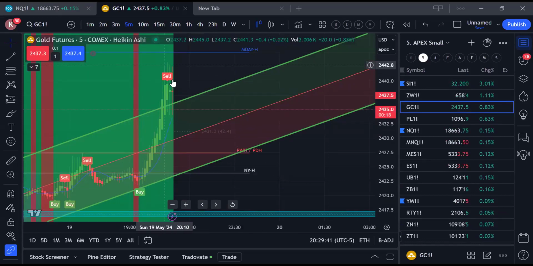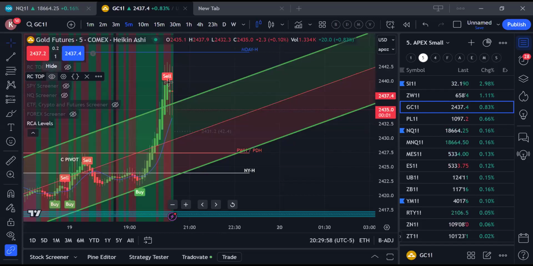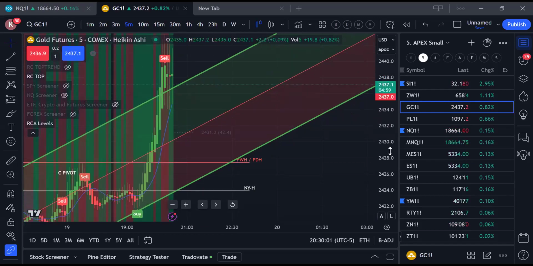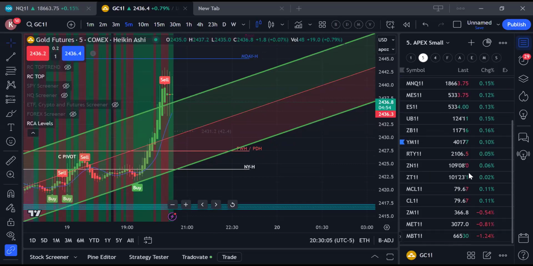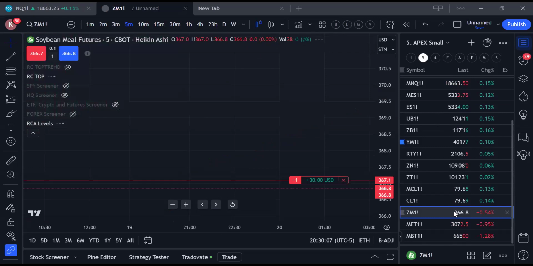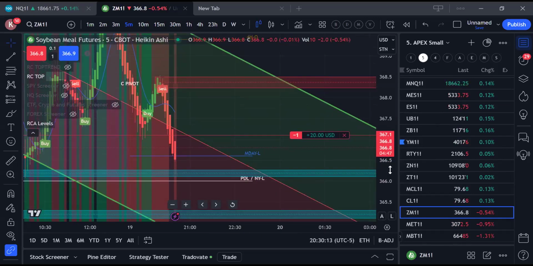It went all the way to the top. We got a sell signal. But generally, we avoid the sell signal because the trend is bullish and also the background is green. Whereas here, if you see, okay, it took the profits on this one. We are not on this.